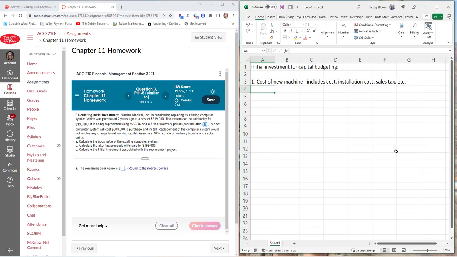The second component of the initial investment is the after-tax proceeds of the sale of the old machine. And the third part is any additional investment in working capital.